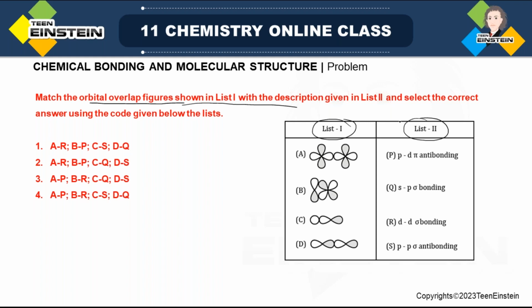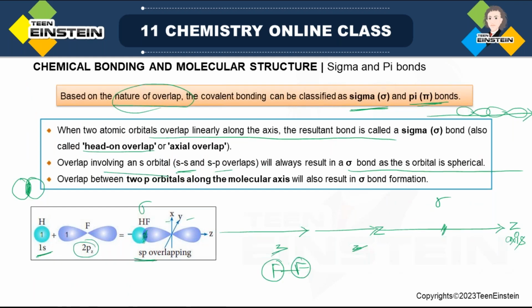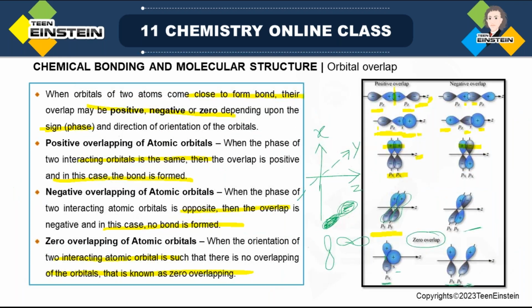Remember, when we saw bonding and anti-bonding, only when there is positive overlap is bond formation possible. If it is negative overlap, bond formation is not possible. Just have a look at this slide. Here it is mentioned that the overlap is negative, so no bond formation is possible. Here only bond formation is possible. So that is bonding and anti-bonding, the two possibilities.